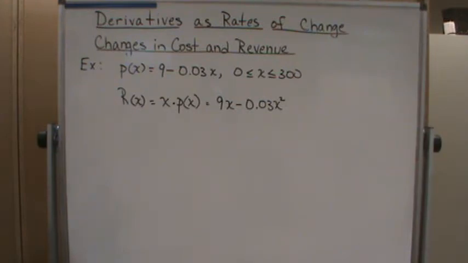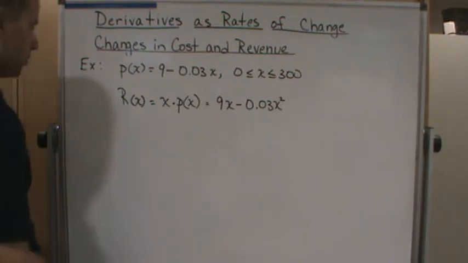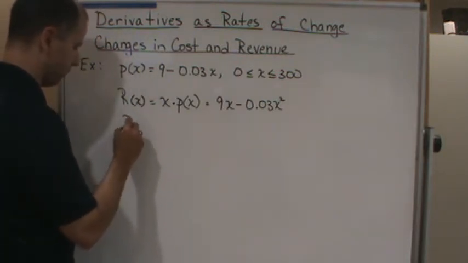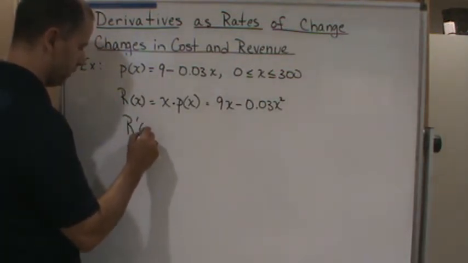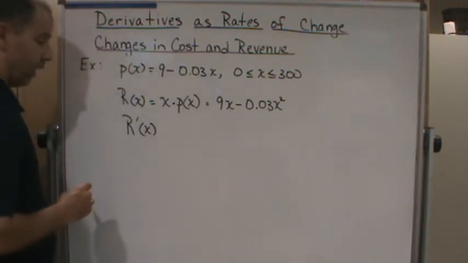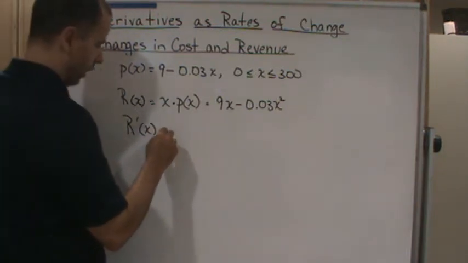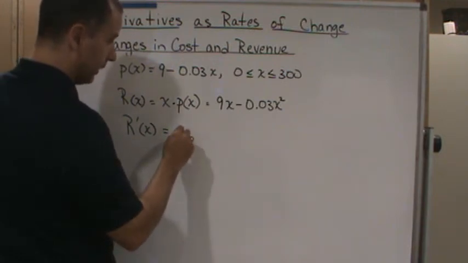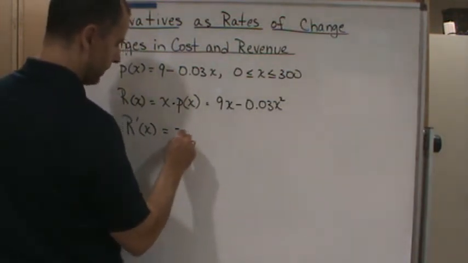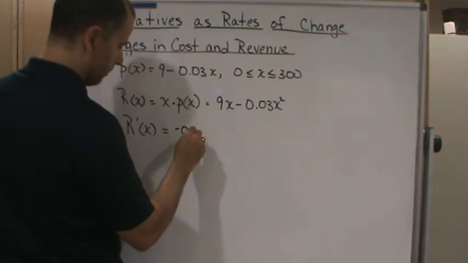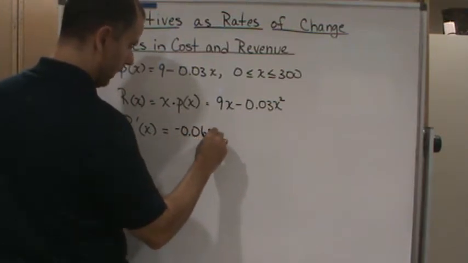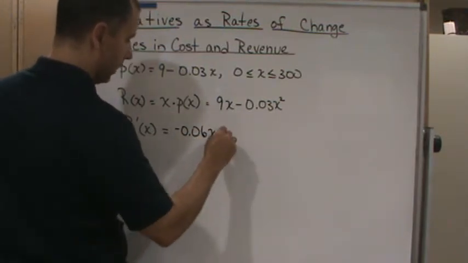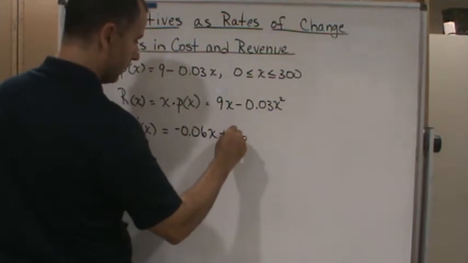Okay, well, what's the marginal revenue? Let's do it. So marginal revenue is the derivative of the revenue function, R prime of X. So R prime of X is going to equal negative 0.06X plus 9, right?